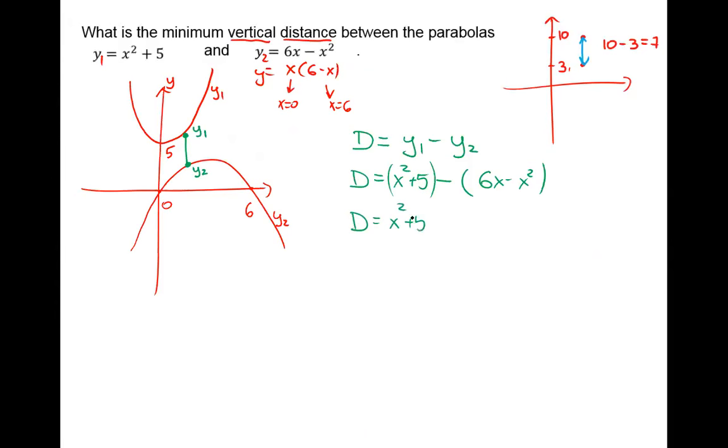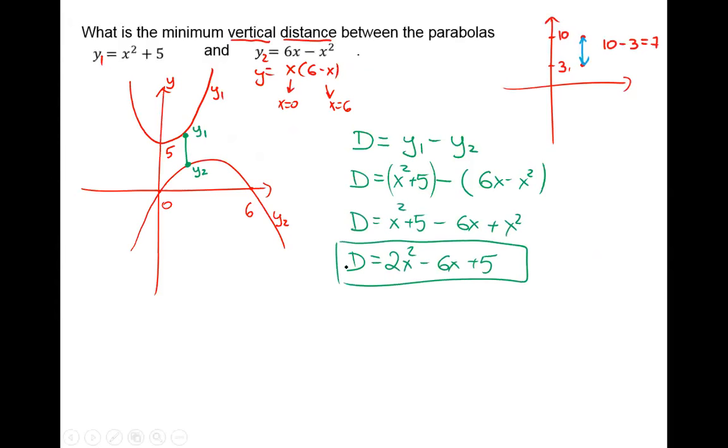That's x squared plus 5 minus 6x plus x squared, because I'm distributing the negative, so 2x squared minus 6x plus 5. Okay, I did create a function that represents a vertical distance between these two functions.